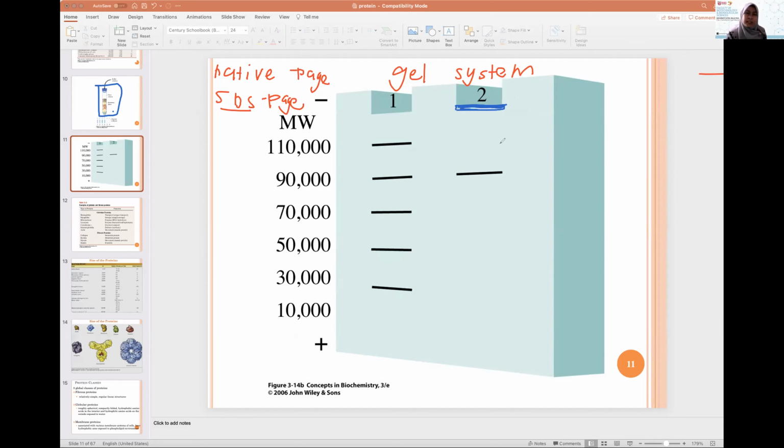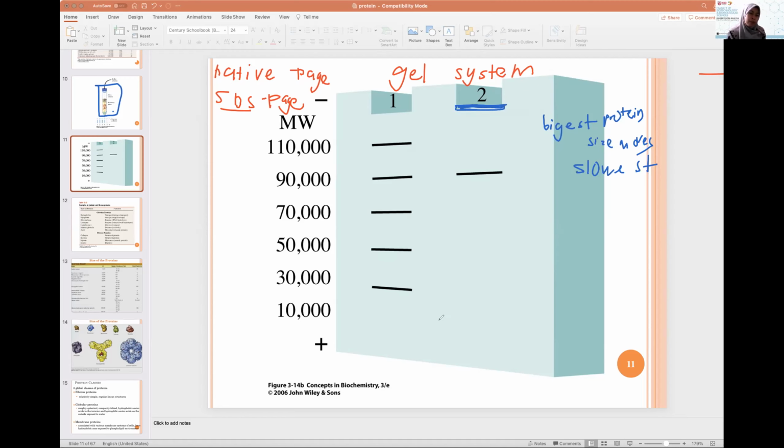For this case, the bigger protein moves slower. The biggest protein size moves slowest, at the slowest time compared to the others.